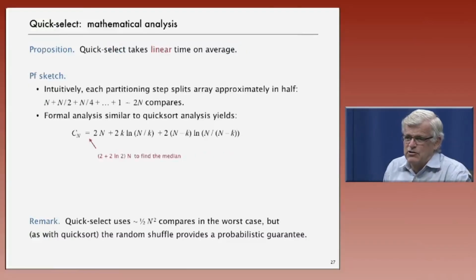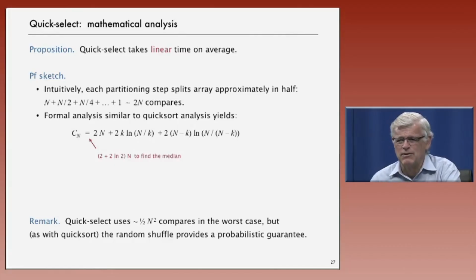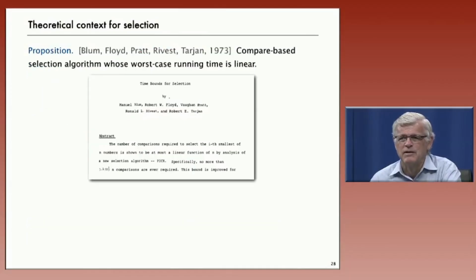Now again, this is a method that's linear time on the average. It's actually going to be quadratic in the worst case. But again, the chance that that'll happen with a random shuffle is less than the chance that we'll be struck by lightning. It's a probabilistic guaranteed fast algorithm. Now, from a theoretical standpoint, that's a little unsatisfying.